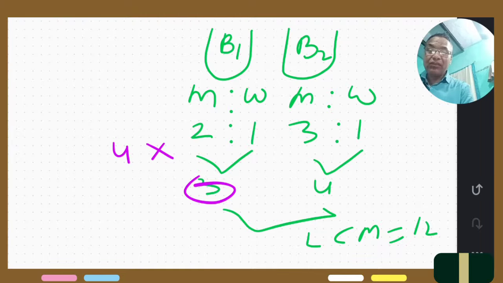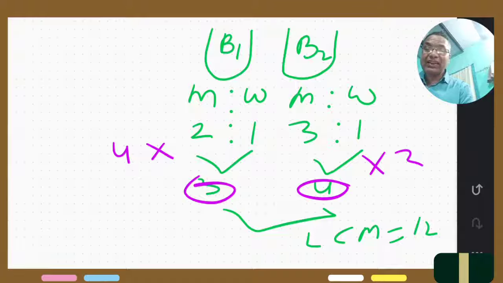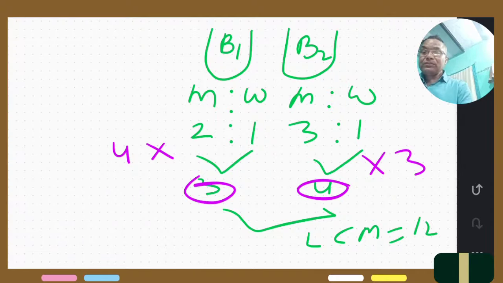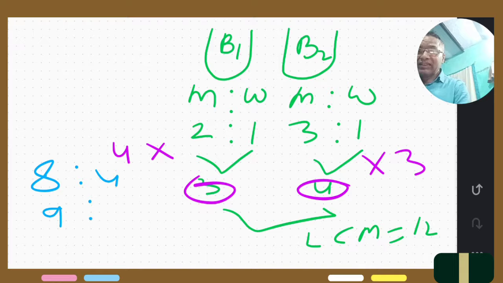Same way, if I divide 12 by 4, I get multiplier factor 3. Now easily we can calculate: 4 2s are 8 and 4 1s are 4. Now in this ratio, 3 3s are 9 and 3 1s are 3.